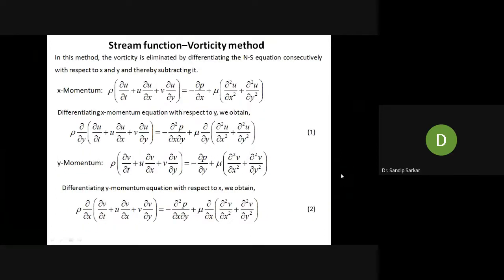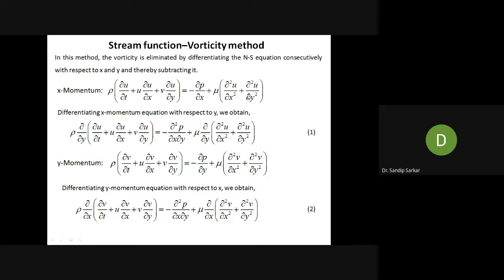Now, what is the stream function and vorticity method? Let me discuss it. Let us start with the Navier-Stokes equation, the X momentum equation: rho times (del u del t plus u del u del x plus v del u del y) equals minus del p del x plus mu times (del 2 u by del x2 plus del 2 u by del y2).